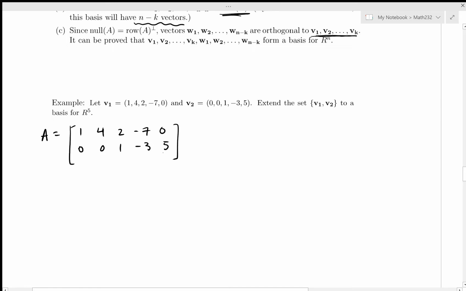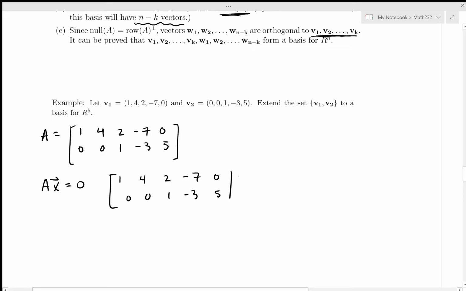We are then going to find the null space. So we want to find all of the vectors x that make this statement true, Ax equals 0. So to do that, we take this here like that.